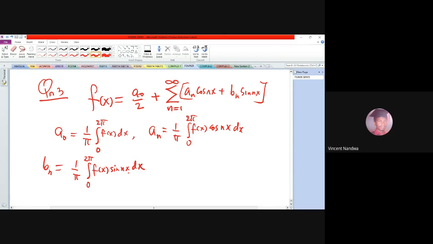These are just the building blocks of the formula.